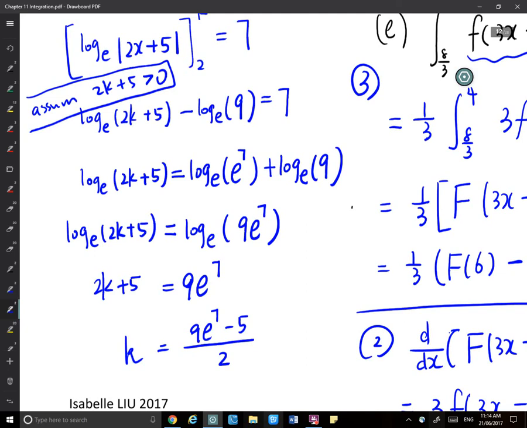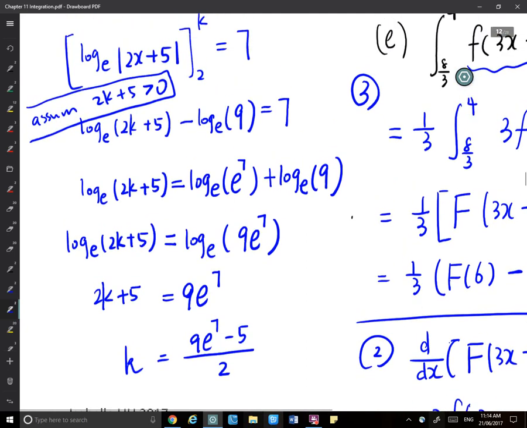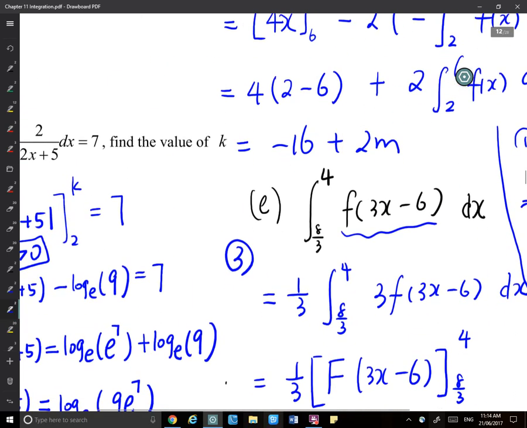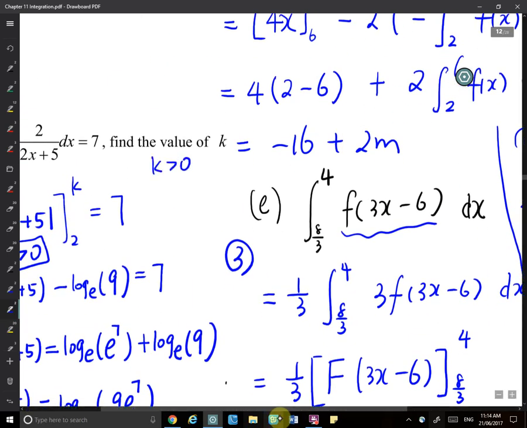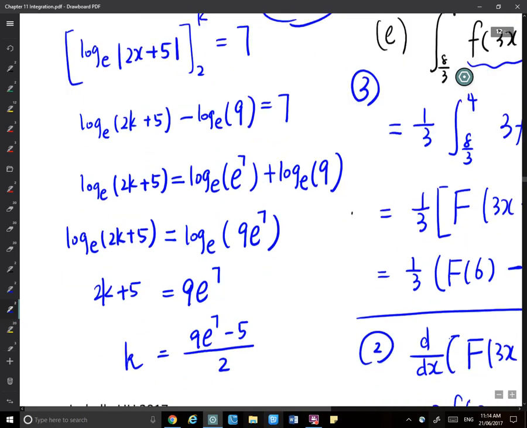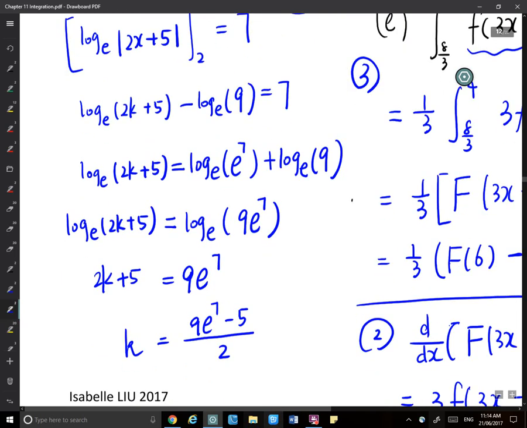But in this case, we just assume k is a positive number and we just solve it normally. We shouldn't solve the negative one as well. The additional thing is k greater than 0 in this case. And therefore, 2k plus 5 will be greater than 0, and that will become a lower bracket, a smaller bracket.